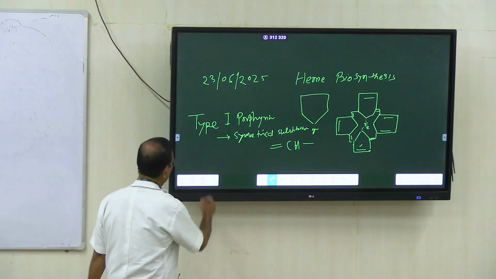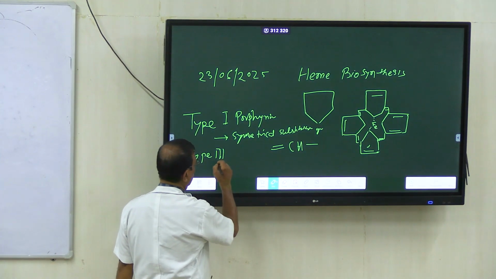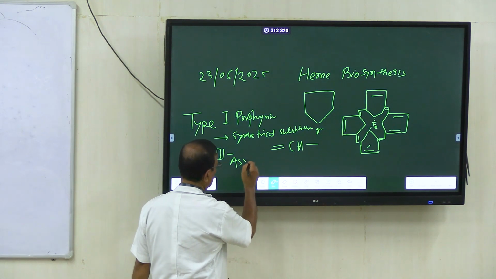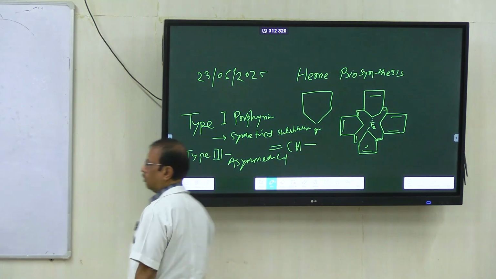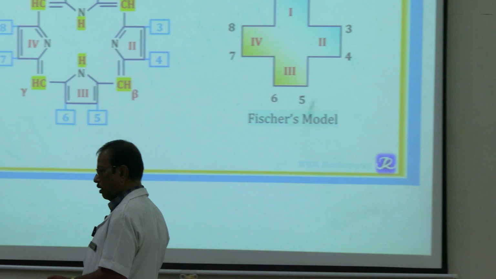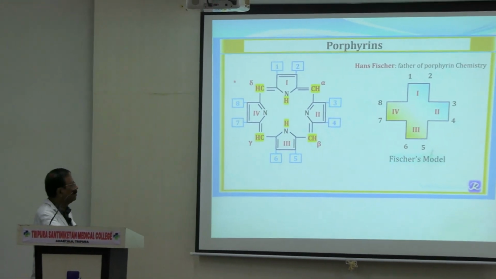Type 1 porphyrins have symmetrical substituent groups, and type 3 porphyrins have asymmetrical substituent groups. Now, while dealing with the structure, it is a very clumsy structure, no? Very difficult to write.